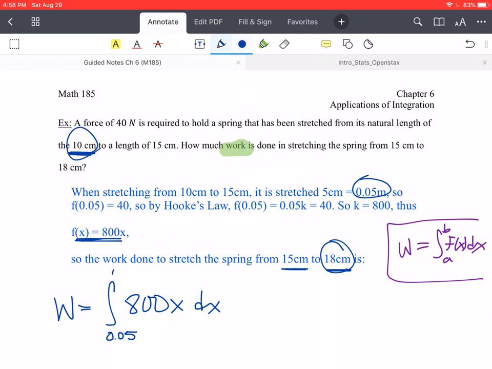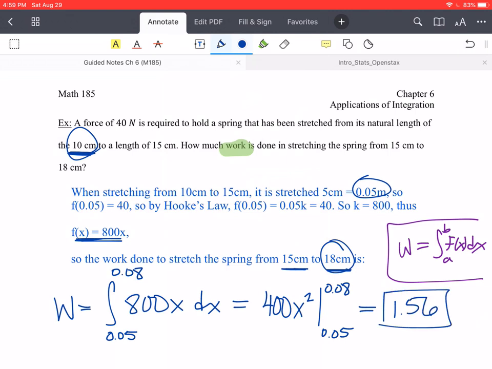Converting that into meters, we get 0.08 for our upper bound. Take the antiderivative, 400x squared, evaluated from 0.05 to 0.08, which gives us 1.56, and the units are joules.